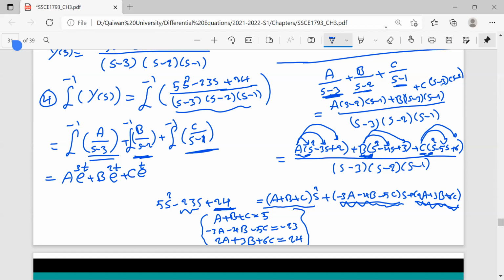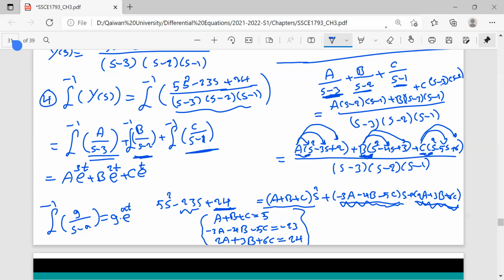Here, generally, we say the Laplace inverse of g over s minus a equals g times e to the power at.